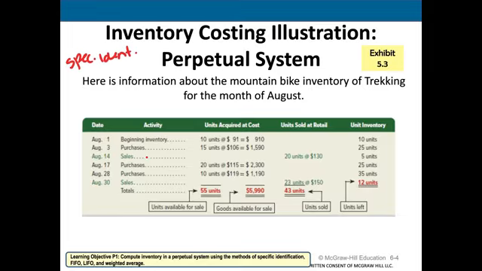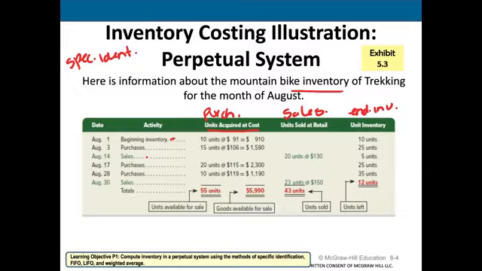Here's a biking company. They sell bicycles, and it gives you their activities for the month of August, beginning with the beginning inventory, the purchases they have during the month, the number of units they sold during the month, and their ending inventory after each purchase or sale.